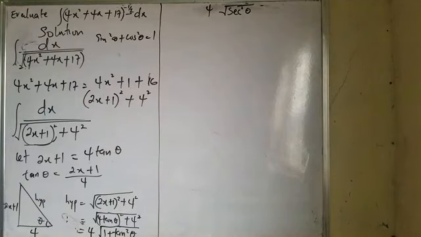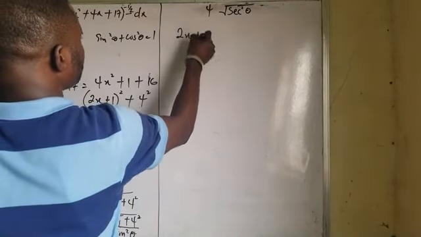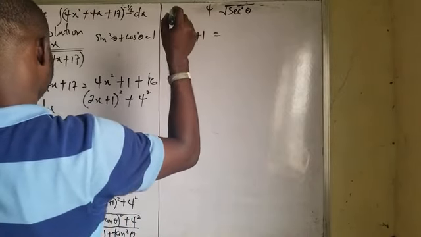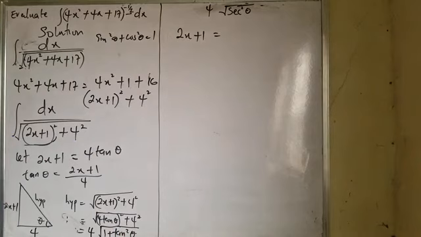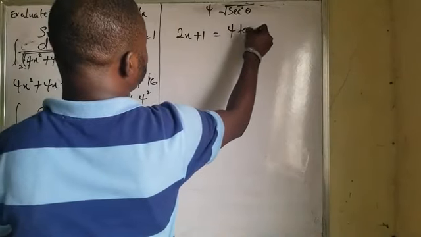Now, come back to the normal part. Don't forget that 2x plus 1 equals 4 tan theta, that is the substitution.